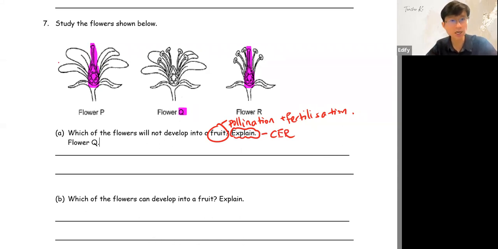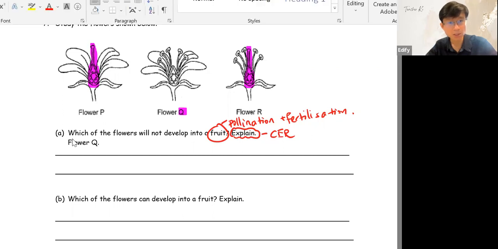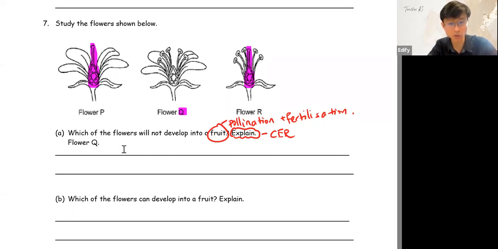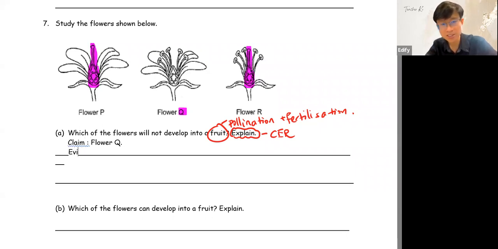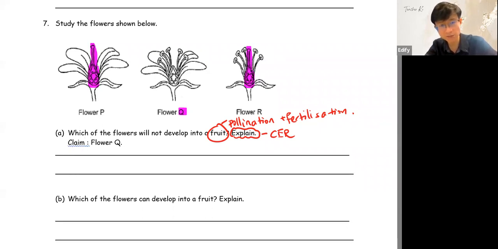What is CER? Which is your claim. Okay, you have to give your claim or your choice. My claim is flower Q. My answer is flower Q. And why do I know that it is flower Q? You must have seen something, that's why you think it's flower Q, right? So that will be your evidence. What did you see?